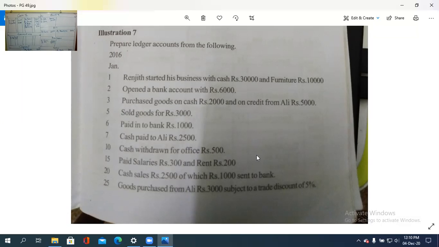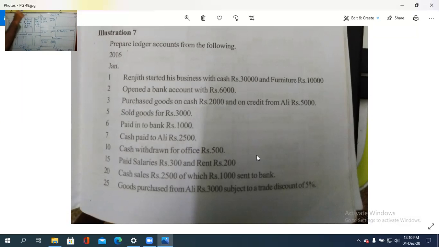Cash withdrawn from office, drawings account debtor to cash. Drawings account debit side to cash 500, cash in the credit side by drawings 500. The drawings entry is drawings account debtor to cash.